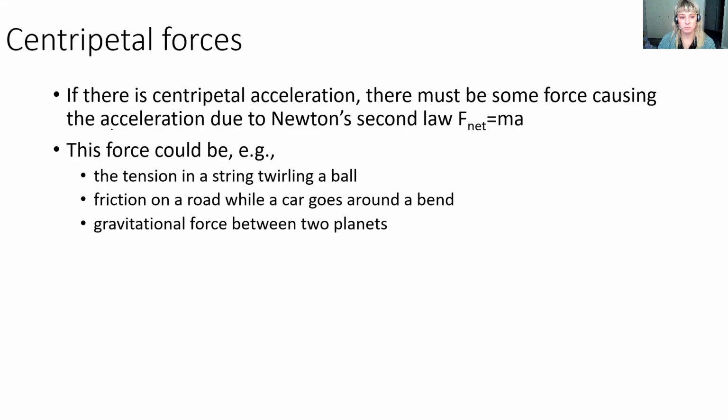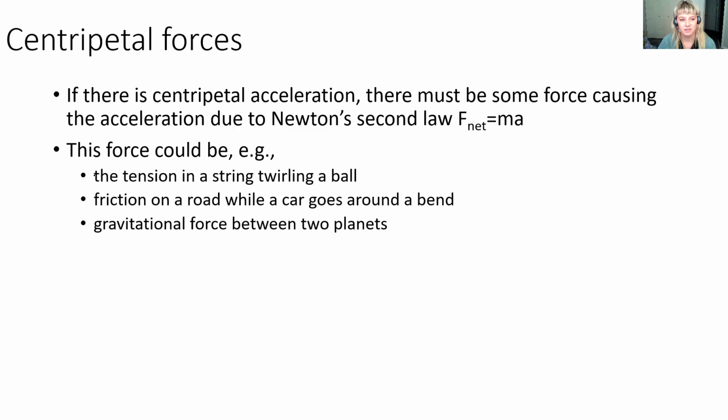Now, this force could be the tension in a string twirling a ball, like we've been looking at in these different animations with the ball moving around in a circle that's tied to a string. The tension in the string is the force that's causing the centripetal acceleration, that's causing the ball to twirl around in a circle.